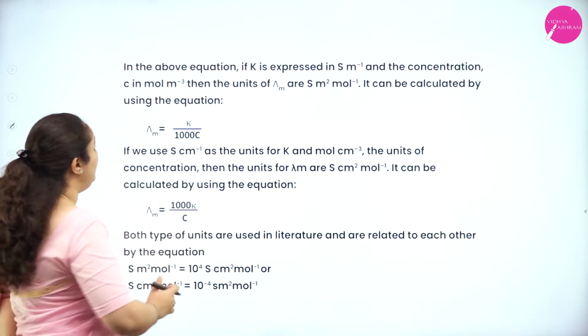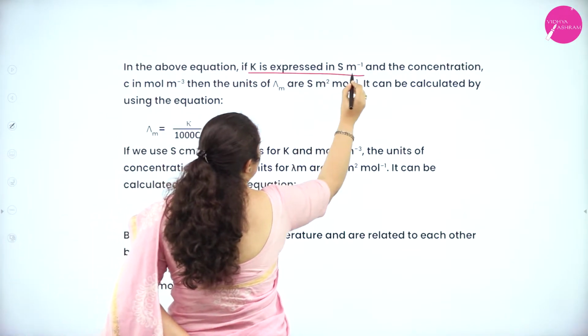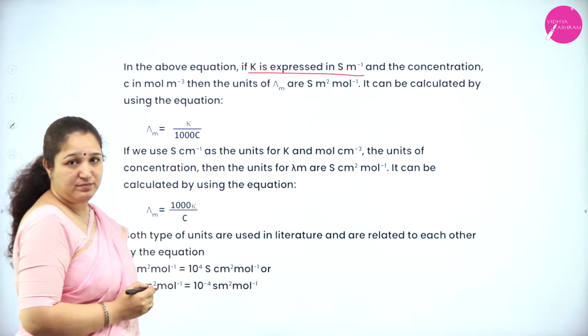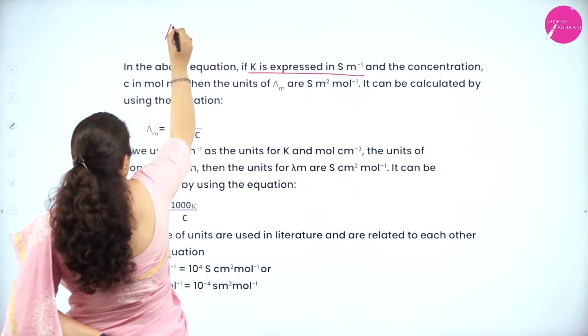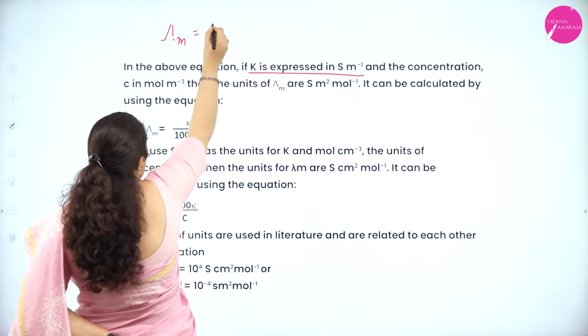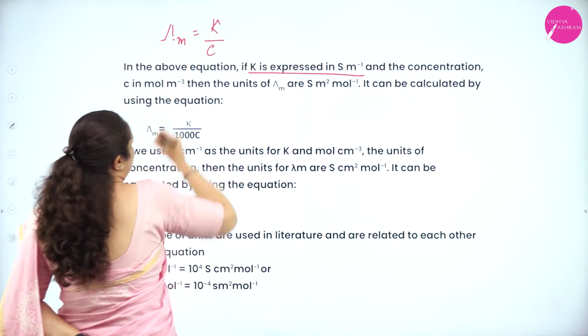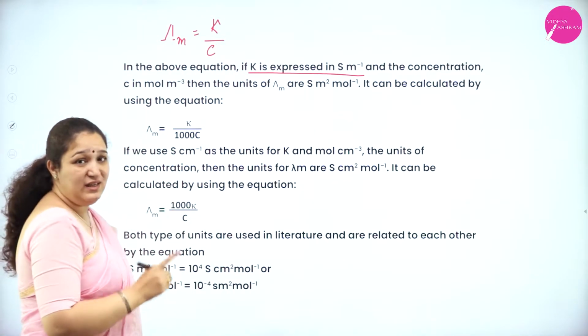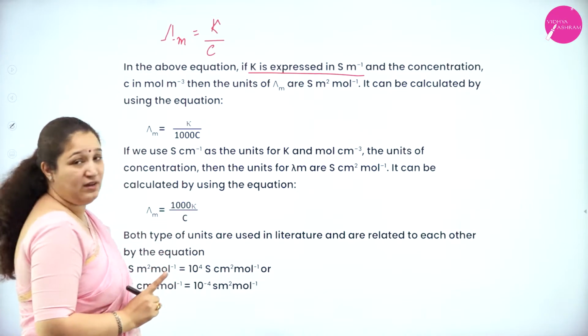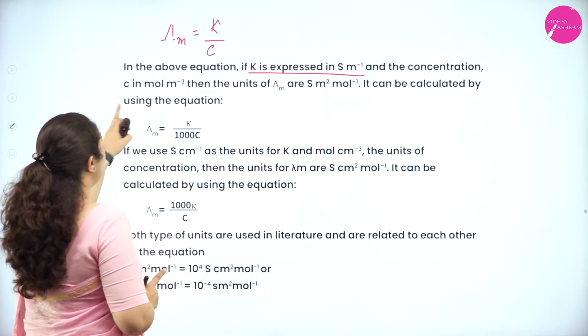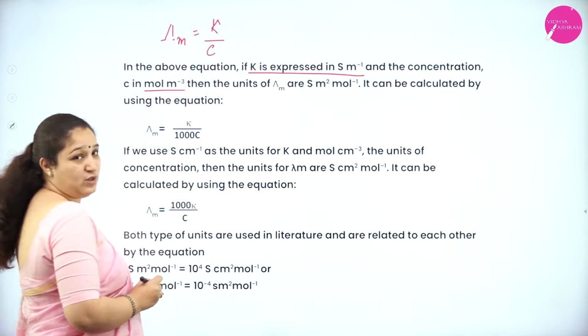Next, when kappa is expressed in Siemens per meter, we know that molar conductivity is equal to kappa by C, isn't it? And kappa is in Siemens per meter, then the concentration is in mole per meter cube.